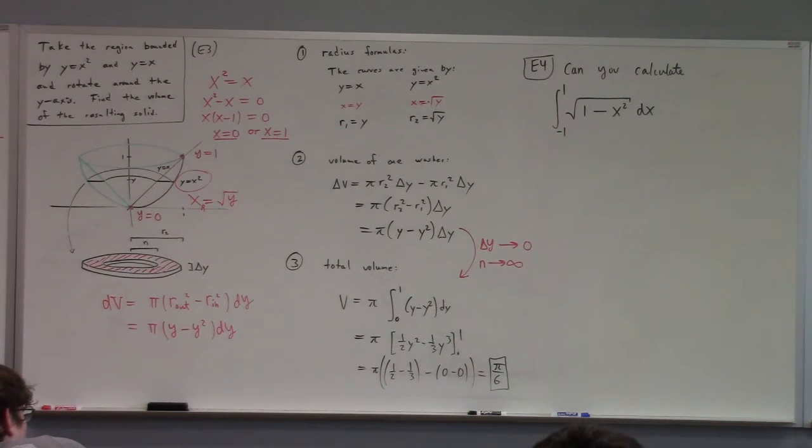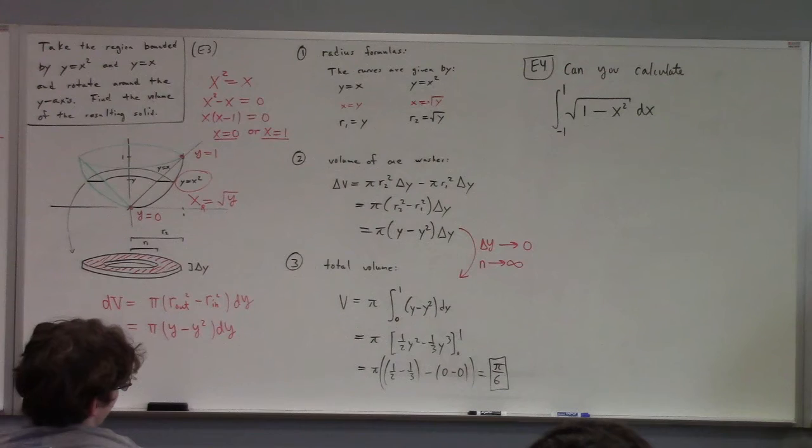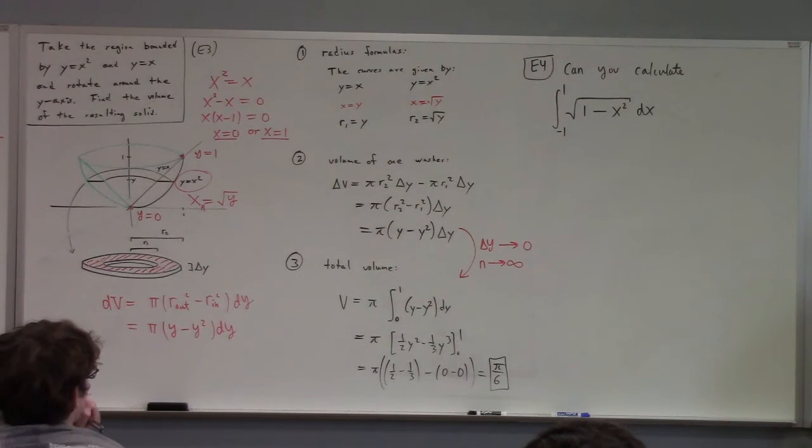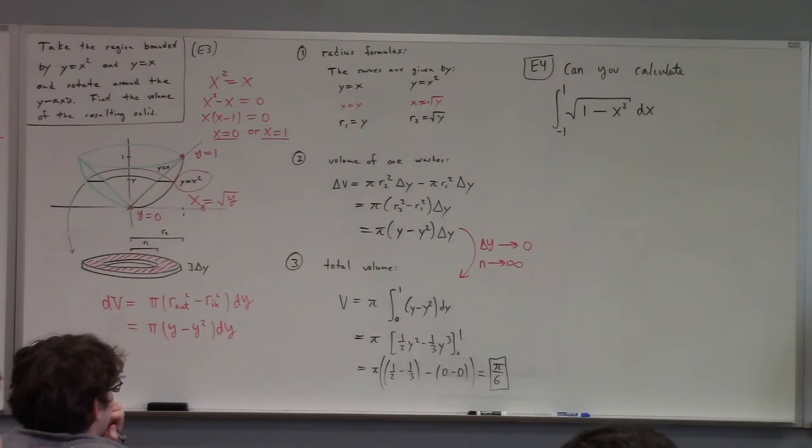Then dx is cosine theta d theta, which makes this the integral of the square root of 1 minus sine squared theta, and then dx is cosine theta d theta. Lo and behold, we've got the integral of cosine squared theta d theta, which is the integral of 1/2 times 1 minus sine 2 theta d theta, which integrates to theta over 2 minus 1/4 the cosine of 2 theta.